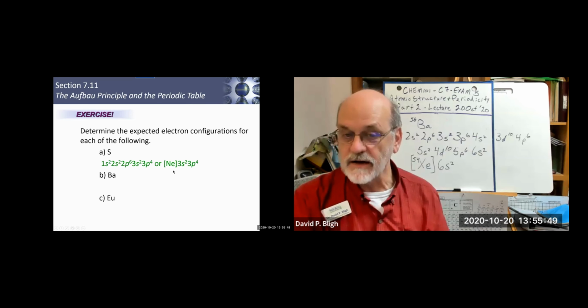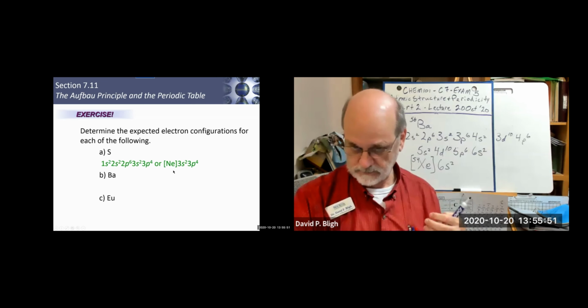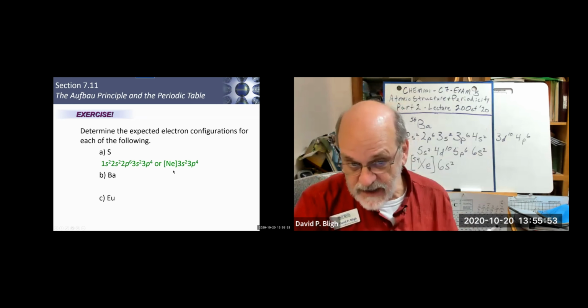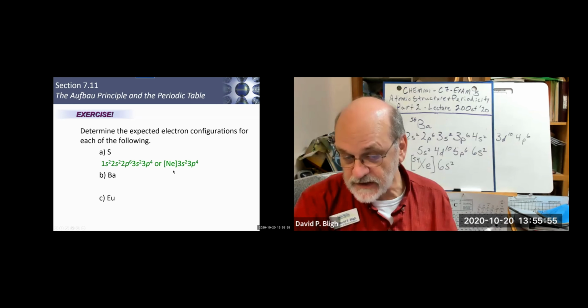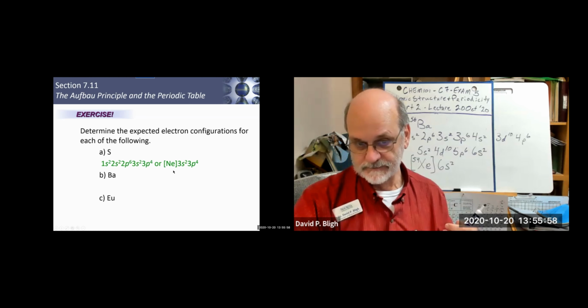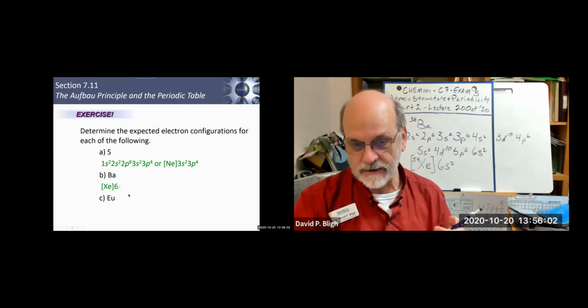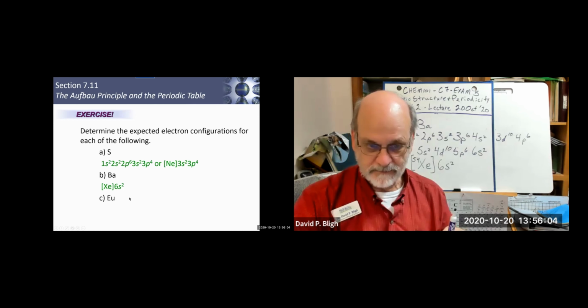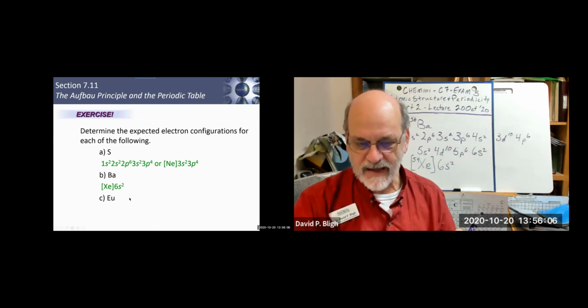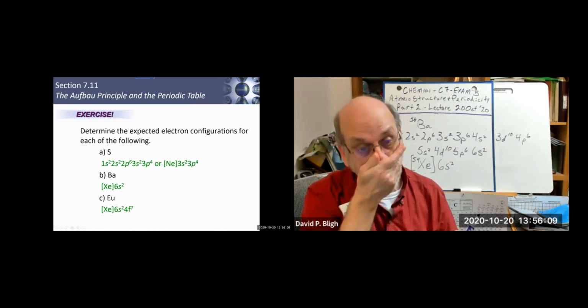If you go back to neon, then you can just write, and notice that neon is represented by 1s2, 2s2, 2p6. Barium, there's your xenon. Europium is a little more complicated, and I'm not going to bore you with that one.